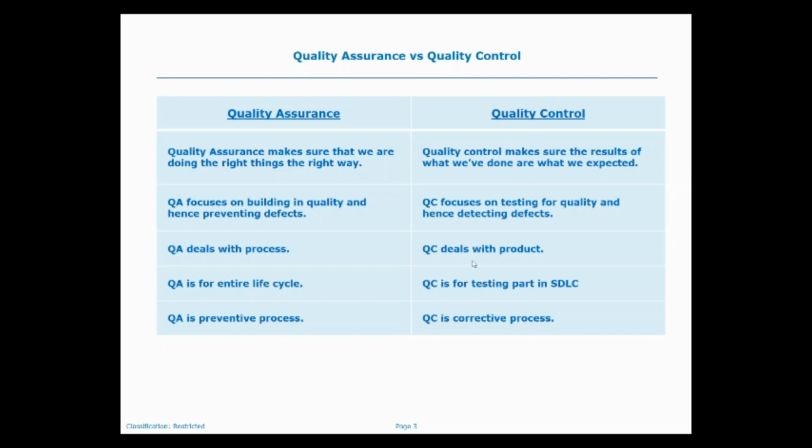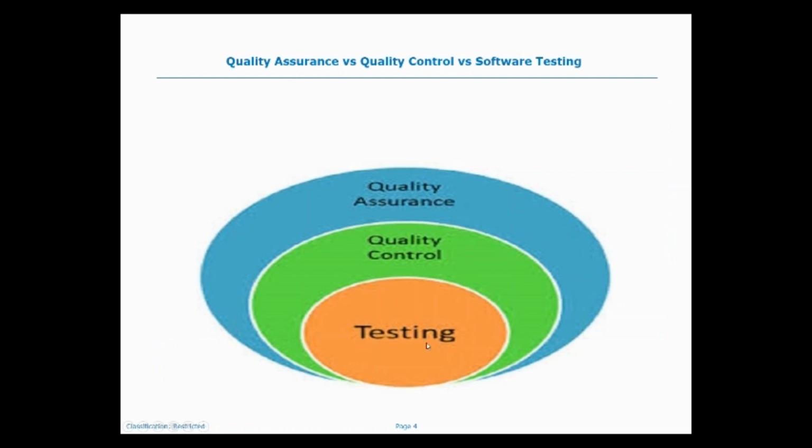Okay, and QC or quality control has testing as a part of it, because in quality control you have other parts where you will do identifying the test cases, how shall I test that product, writing those test cases, writing the test design. All those parts also come under quality control. And testing is when you actually go and test that thing on your target.